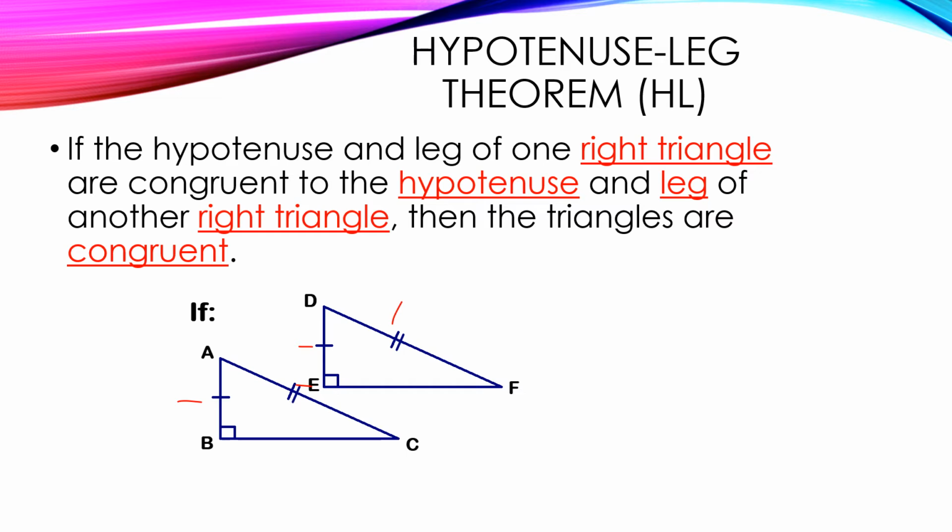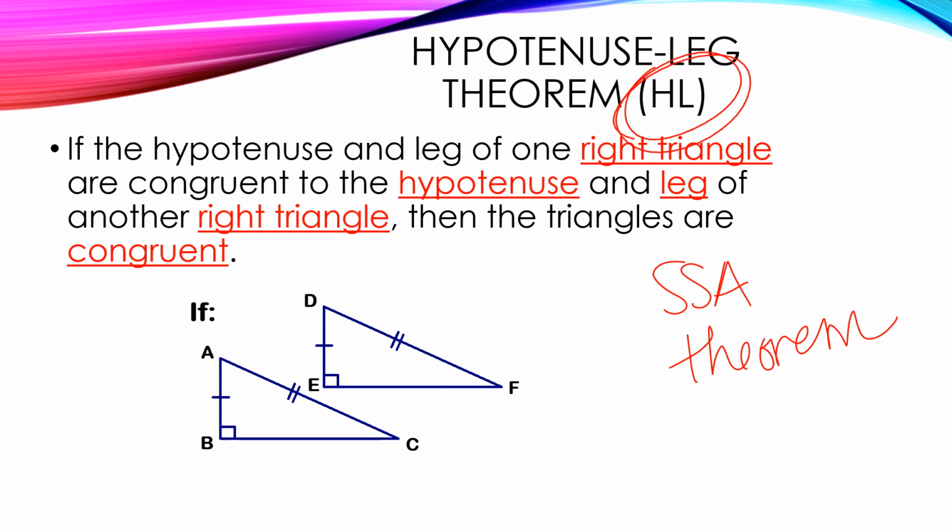So the hypotenuse leg theorem is basically side angle, or angle side, when we are using right triangles. But we call it the HL theorem. You can abbreviate it as HL.